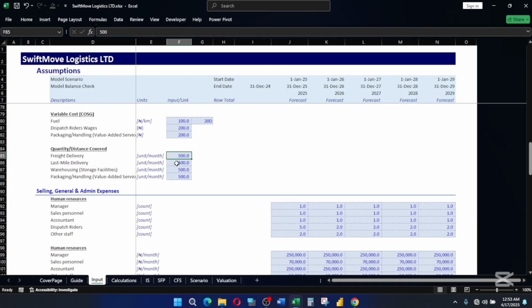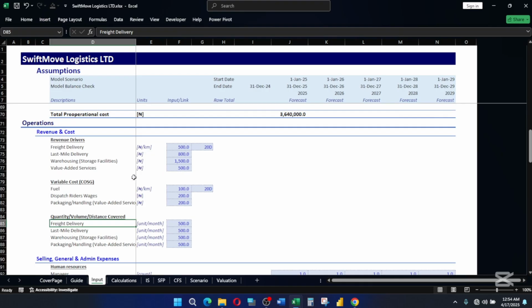Then we have door-to-door delivery 500, warehousing facility 500, and packaging and handling 500. So these are the quantity of the items, or the volume of services. I think volume is more appropriate here. So this is the volume of services we have rendered, and you can see how this projection is.